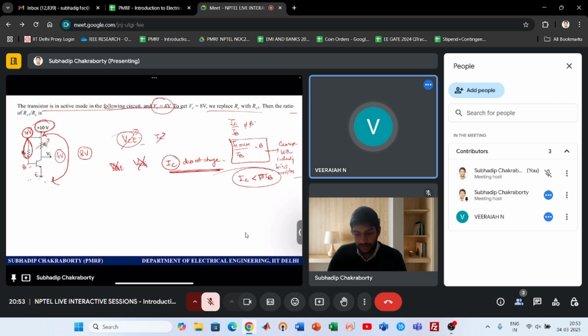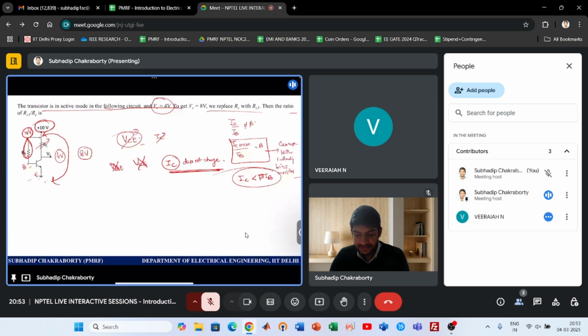So 10 minus VC old by RC old is equal to 10 minus VC new by RC new. The current is the same, right? Why is the current the same again?